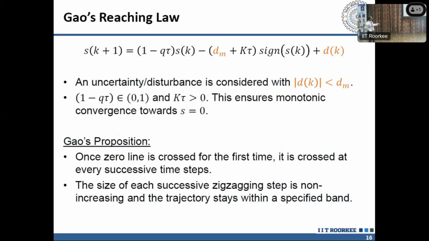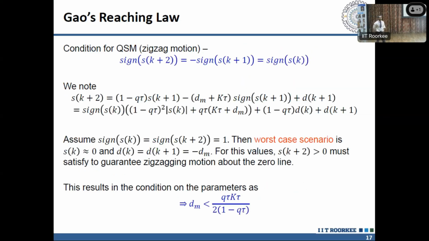So effectively a negative thing is there, so you are still decreasing. The monotonic convergence is still there. Now we have to see that the zigzag motion is there in spite of the uncertainty. How can we see that? To see the zigzag motion, we have to go to Sk plus 2, and we have to show that the sign of Sk plus 2 is opposite to the sign of Sk plus 1 and the same as the sign of Sk. That means the zigzag motion is happening.